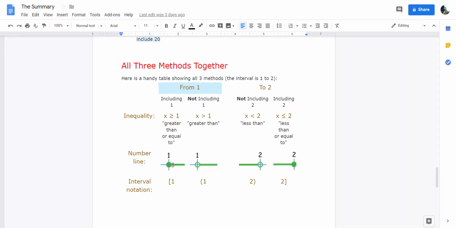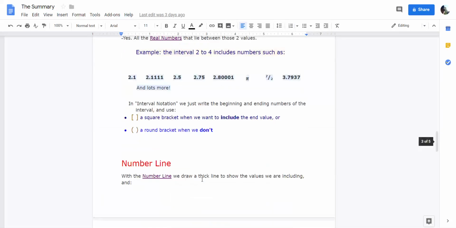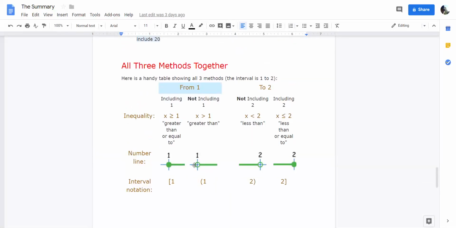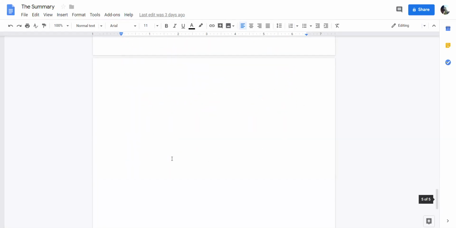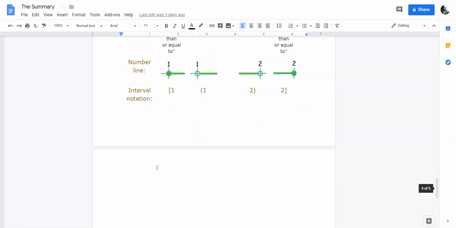So this is the representation: you would have a square bracket for the inclusive part, and for the exclusion you would go with the round bracket, as we see here. These are two different examples, and basically that was it.